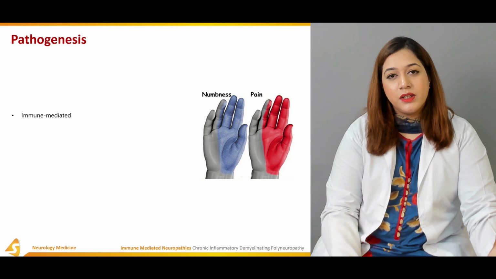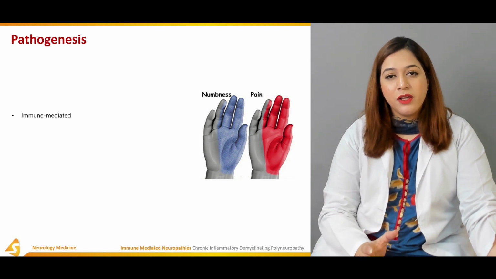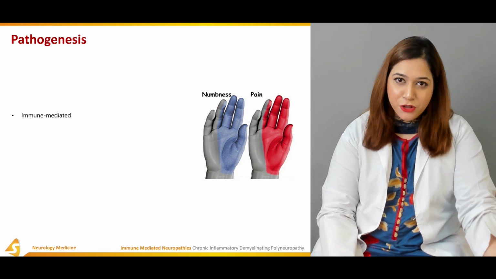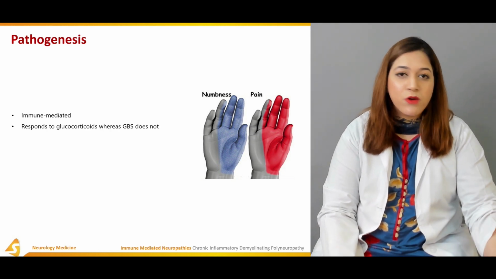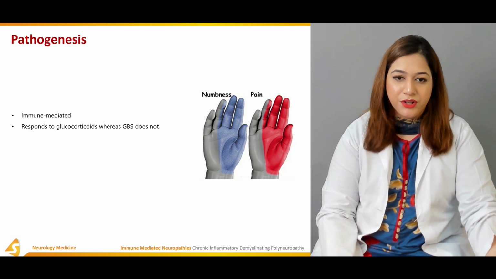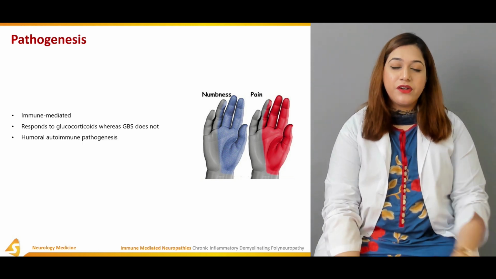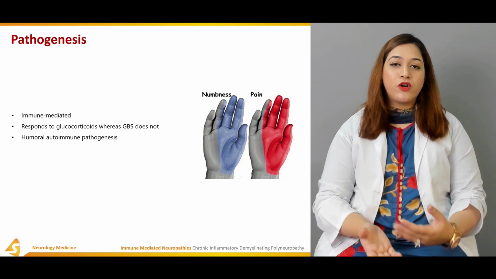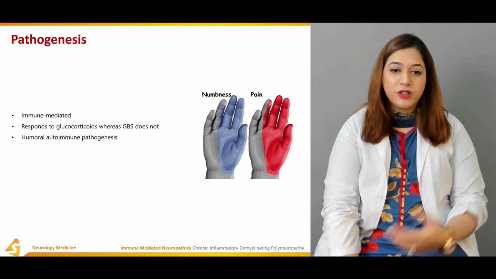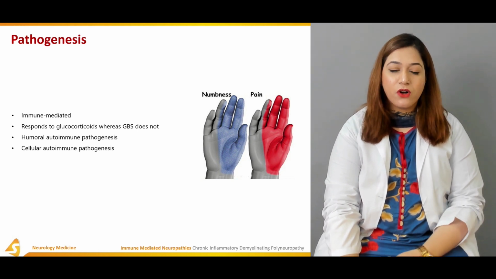Now, the response to therapy of CIDP suggests that it is an immune-mediated process because it responds to glucocorticoids, whereas GBS does not respond to glucocorticoids. There are certain hypotheses given for the pathogenesis of CIDP, which include the humoral autoimmune hypothesis or the cellular autoimmune hypothesis.